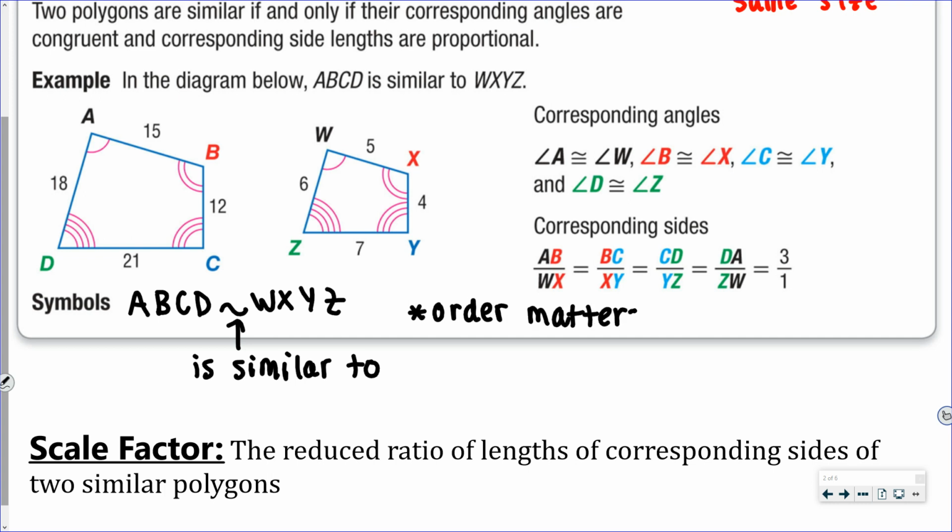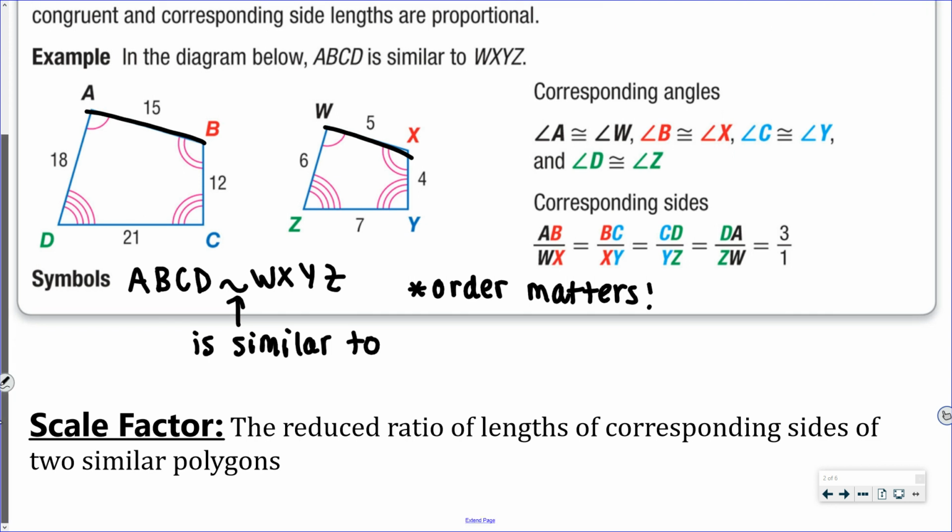Because what you're telling me then is that if I list A first, angle A first, or vertex A first, that angle corresponds to angle W, and therefore they're congruent. Okay, so it has to go in that order. Similarly, AB would be the corresponding side to WX. Okay, so the order matters.